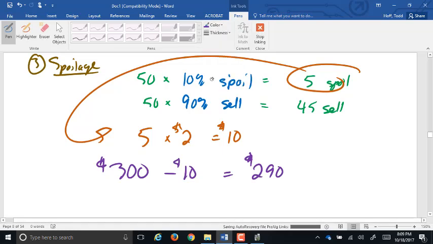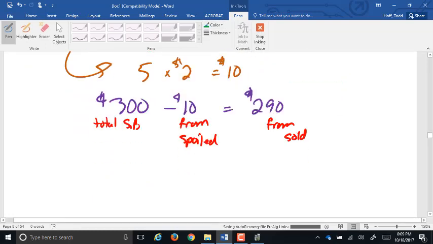So what this was, $300 total selling price, minus the $10 from the spoiled ones, gives us $290 that we need to get from the sold ones. Yes, 290 divided by 45 is 6.44.